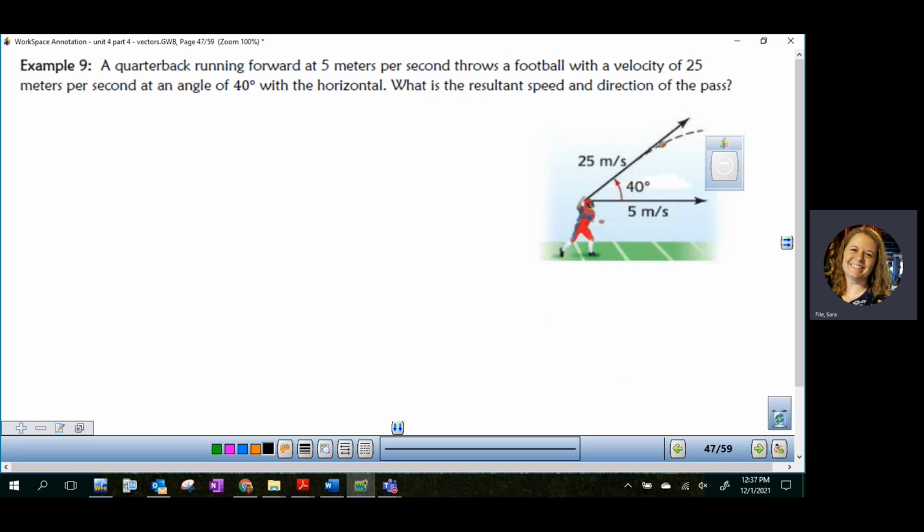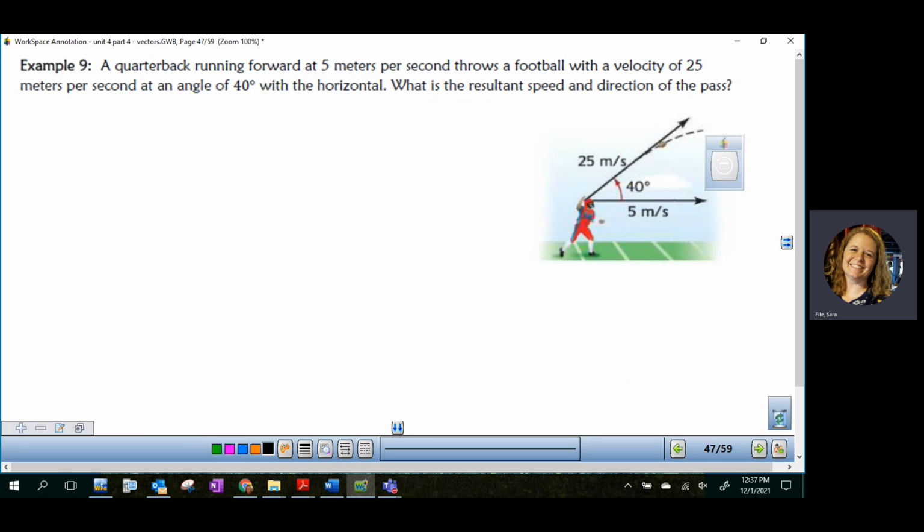Okay, so they give you a little graphic there to help you understand what that looks like. Okay, so we have the direction angle, and we have the magnitude of his throw, and we have the magnitude of the vector representing him running, right? What would be the direction of him running?